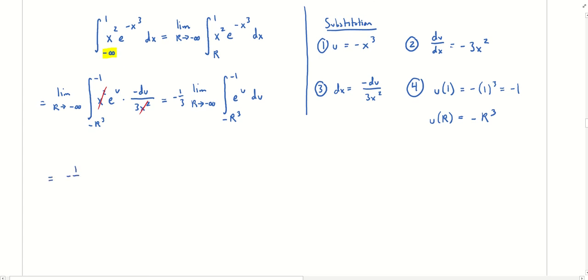So I've got negative 1/3 times the limit as r goes to negative infinity of, well, the integral of e to the u is just e to the u. So we're going to take that e to the u and evaluate it from negative r cubed to negative 1.